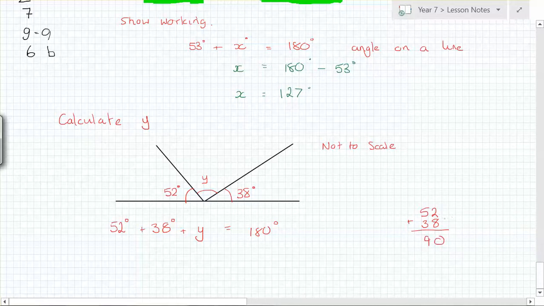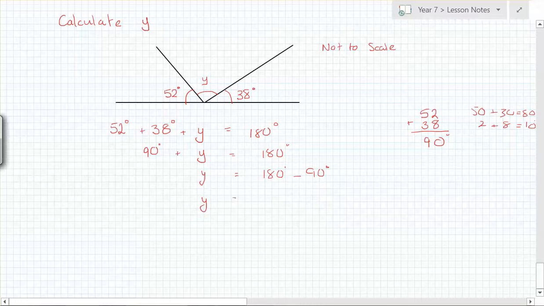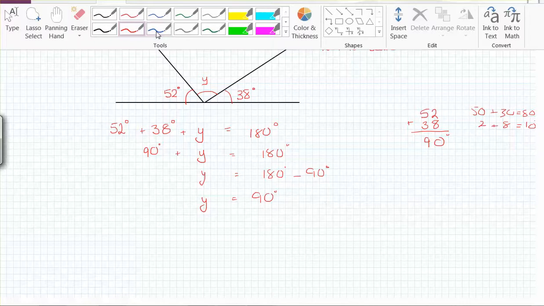I think what Taylor was doing is doing 50 and 30, then 2 plus 8 makes 10. So that makes 90. So you're right, that's 90 degrees. And then I can replace that with 90 degrees plus y equals 180. Therefore, y must be 180 minus the 90. So that will make y 90 degrees.